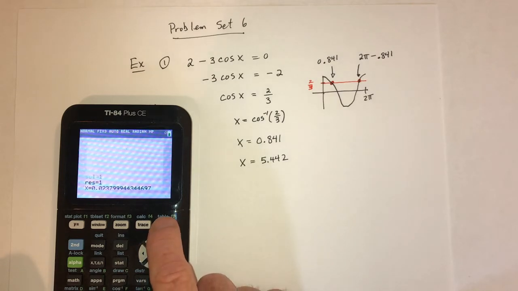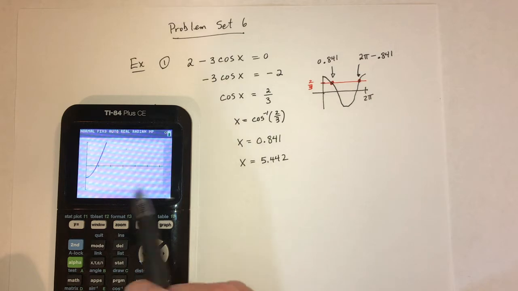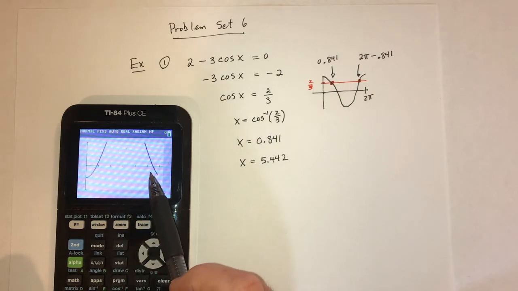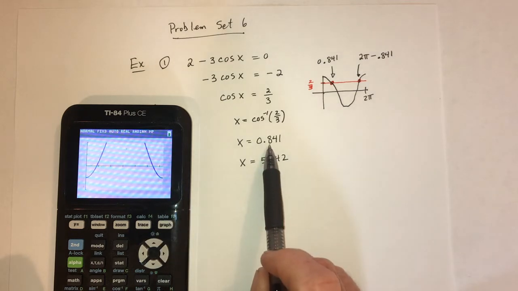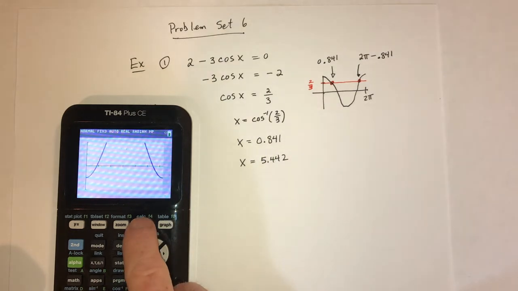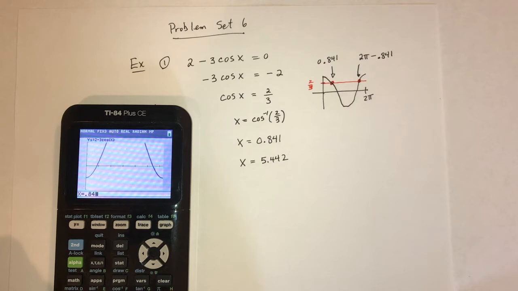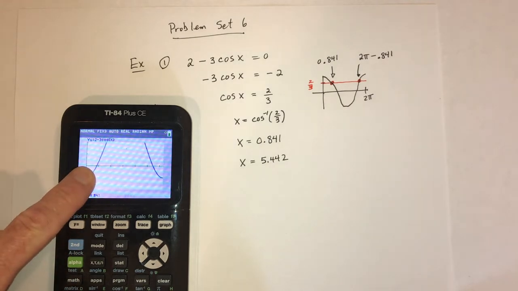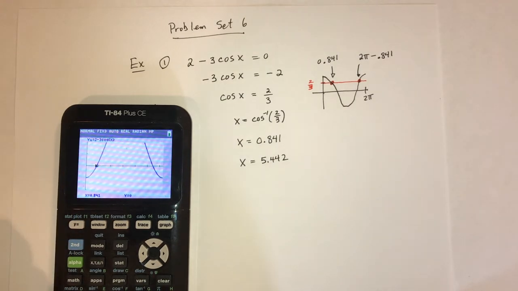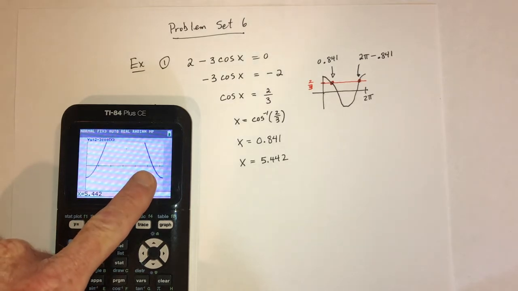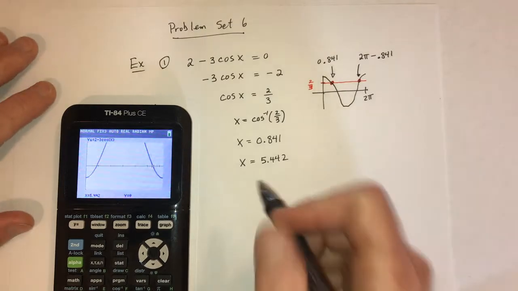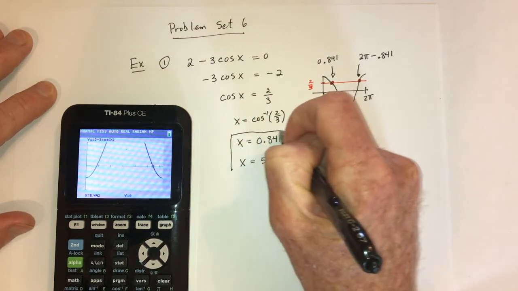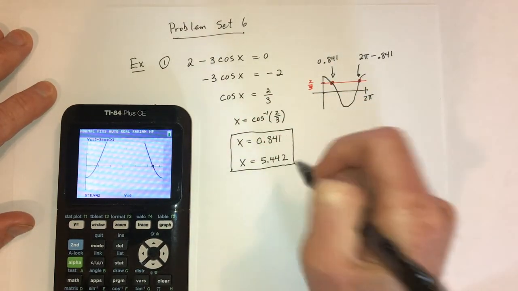And then there should be 2 times when it crosses the x-axis. There's 1, and there's 2. So 0.841 should be one of them. Trace 0.841 should be that answer. Excellent. And 5.442 should be that answer.